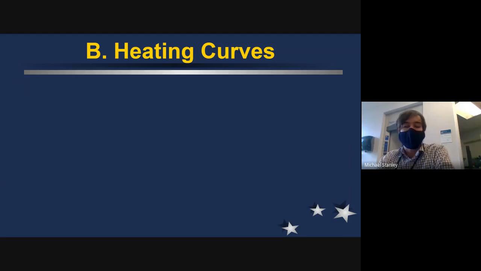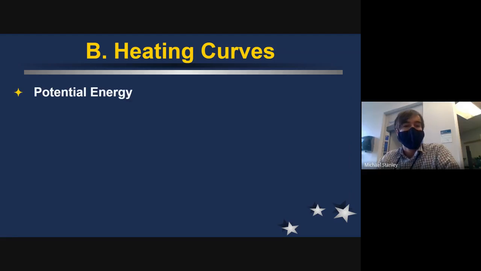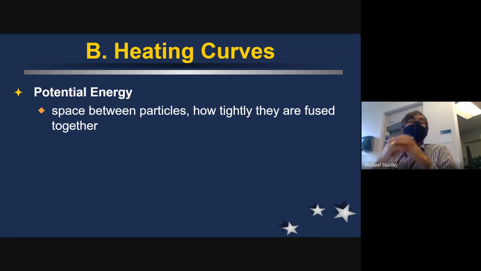So before we were talking about kinetic energy, this KE, where it's talking about the energy of particles moving around and moving faster or slower. Potential energy is similar, but instead of looking at how fast the particles are moving, instead potential energy looks at how close the particles are to each other. How tightly are these particles stuck together?